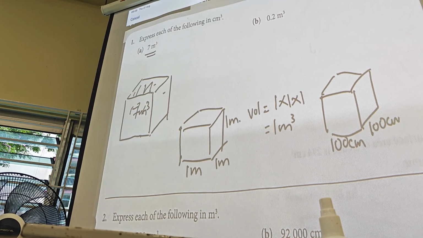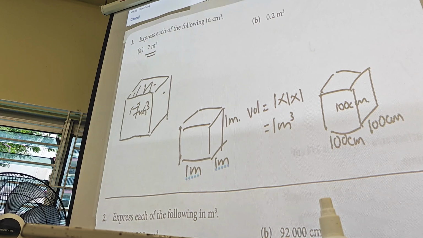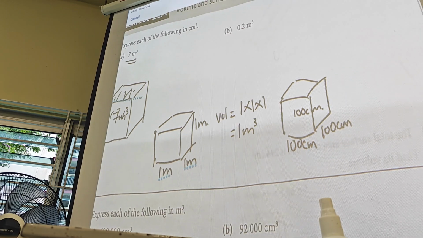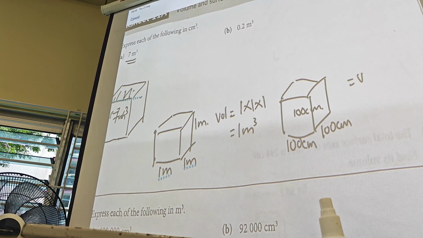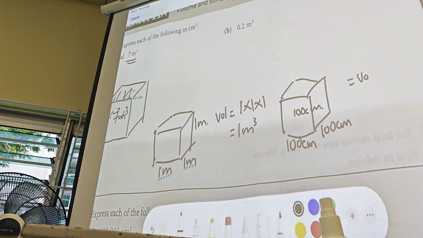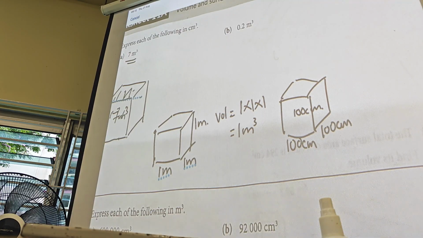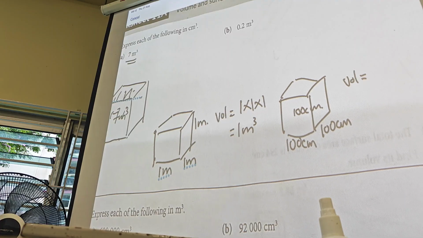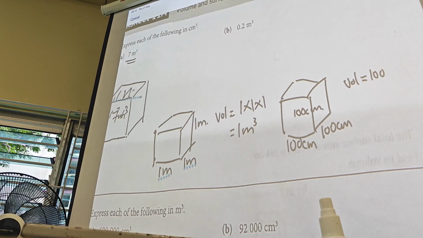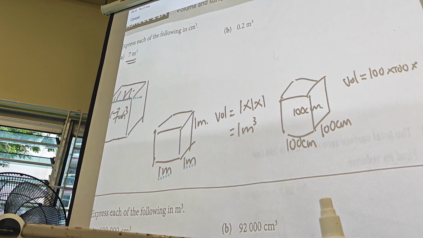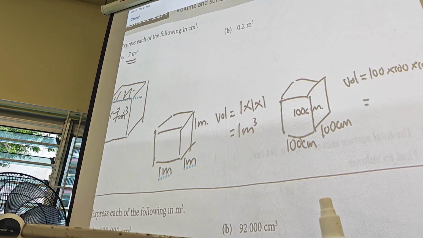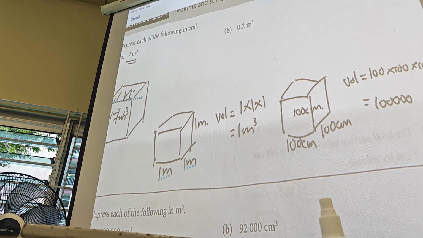So the exact same block, if I write in cm and I find the volume, the volume will be 100 cm times 100 cm times 100 cm.